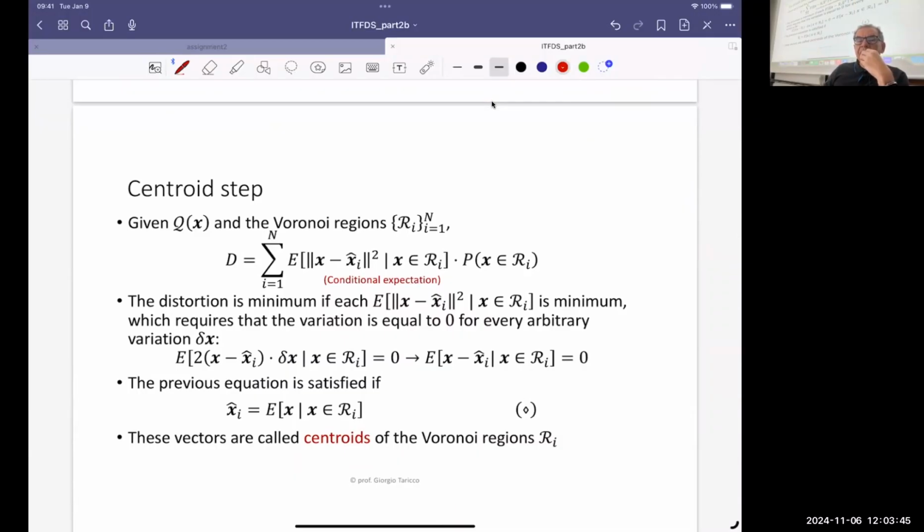we assume that the quantization function is given, and therefore the Voronoi regions are also given, because it is equivalent to have the quantization function or the Voronoi regions.